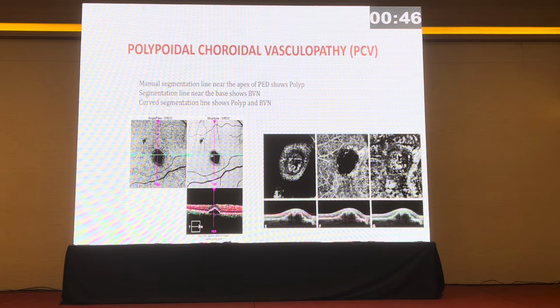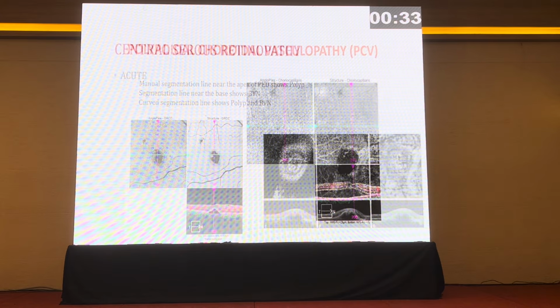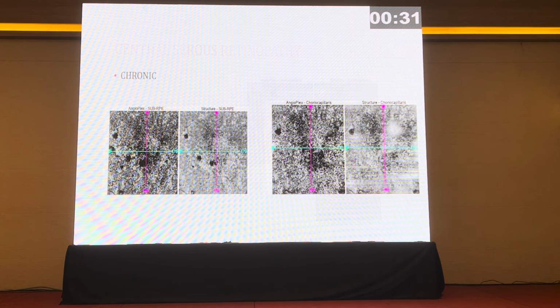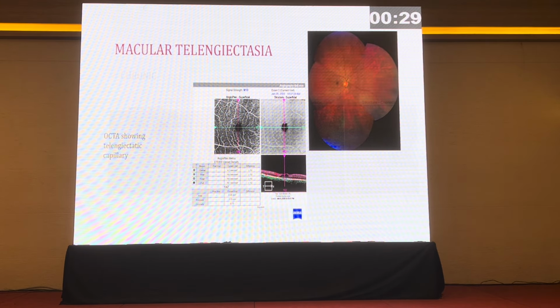Polypoidal choroidal vasculopathy, there are typical thumb sign and large tall peaked PEDs in OCTs, but here you can see the actual polyps deep inside and the polyp regression also. CSR, acute or chronic, macular telangiectasia are other lesions which we can manage and monitor with OCT angiography.